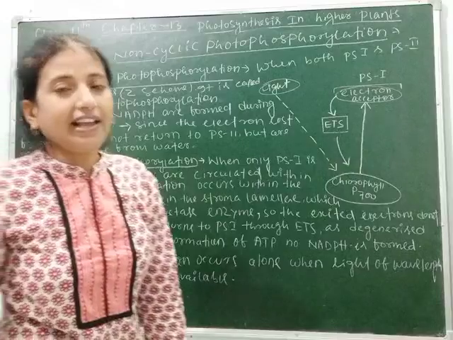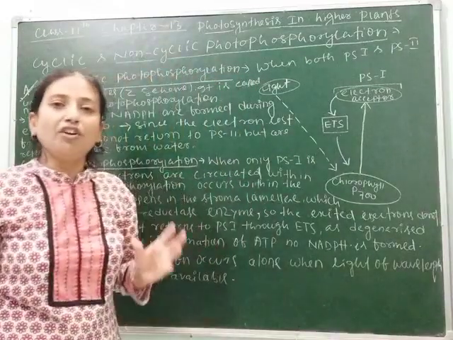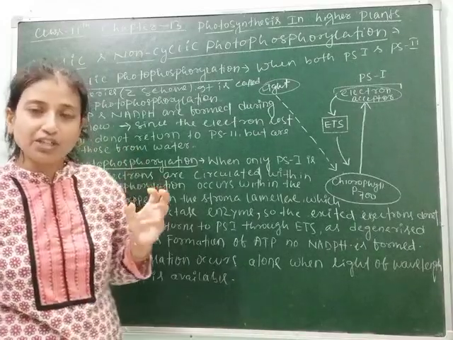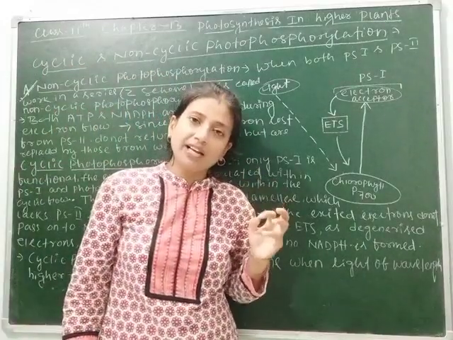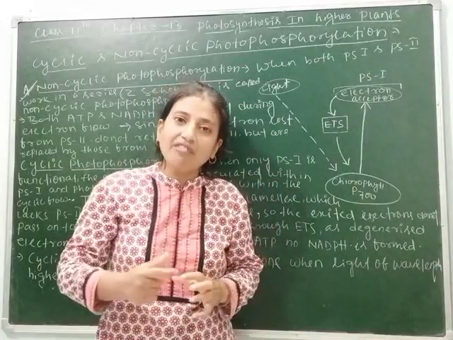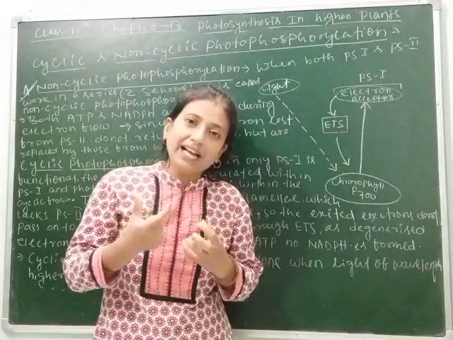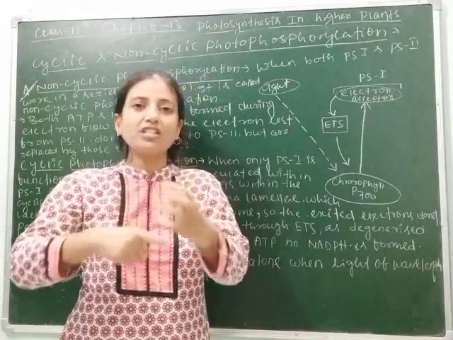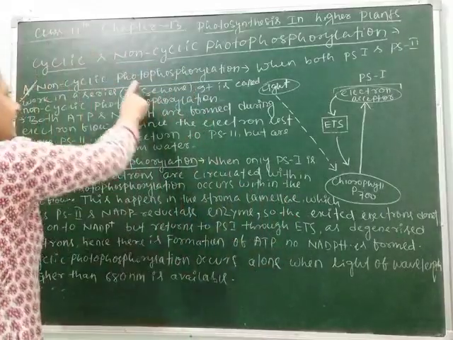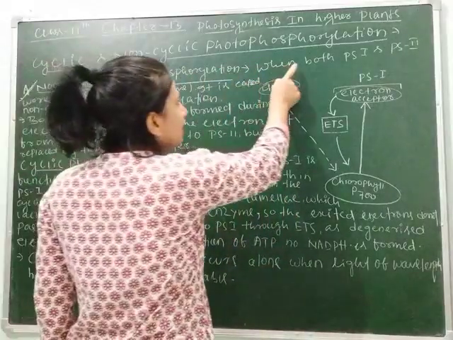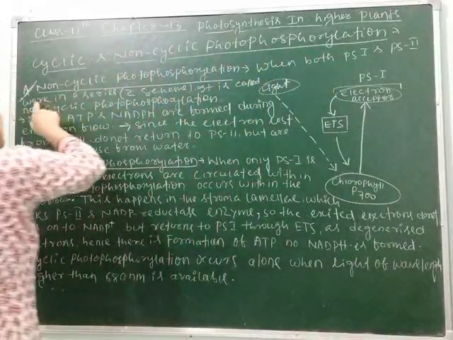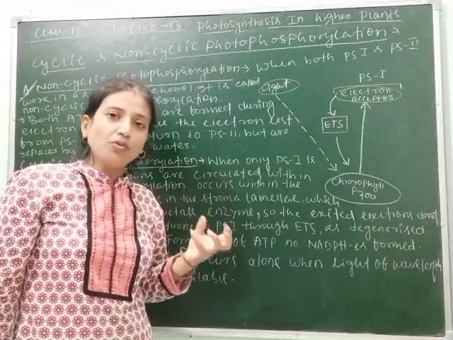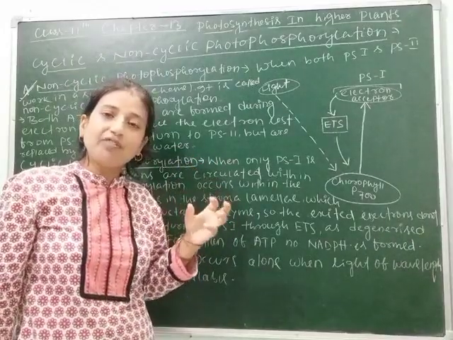In my last class, I explained how in non-cyclic photophosphorylation both PS1 and PS2, that means photosystem 1 and photosystem 2, are involved by trapping the light and releasing the electron, and they transport the electron in a non-cyclic manner. Both PS1 and PS2 work in a series, which means PS2 or PS1 alone can't perform this.